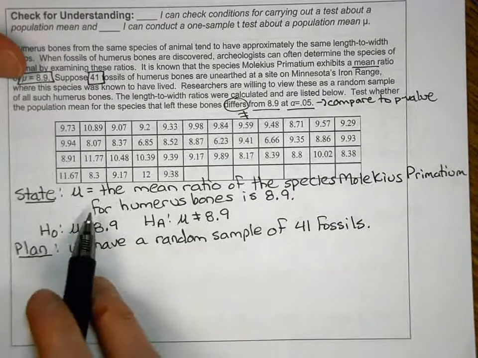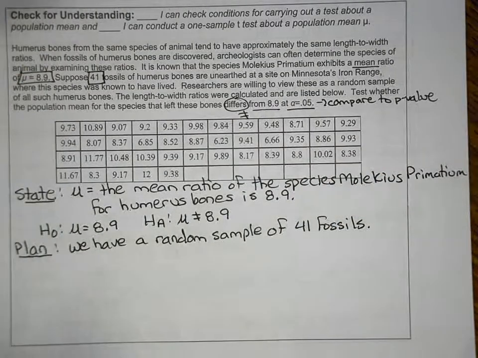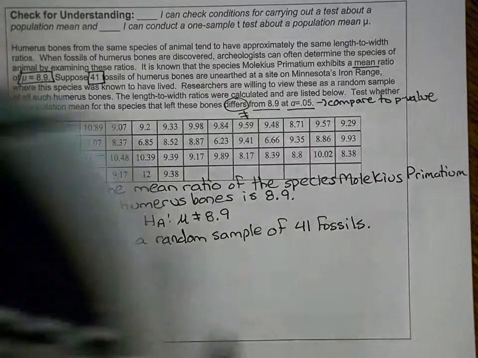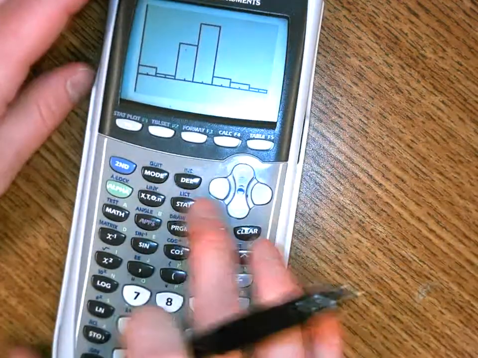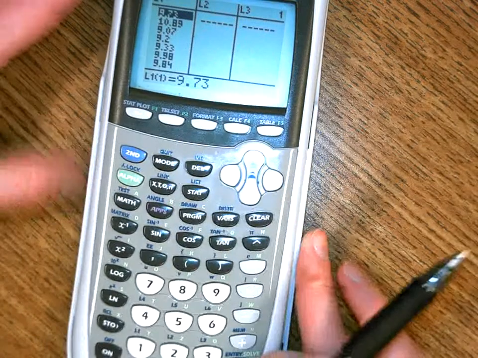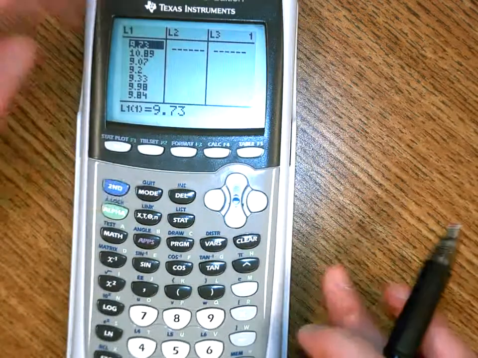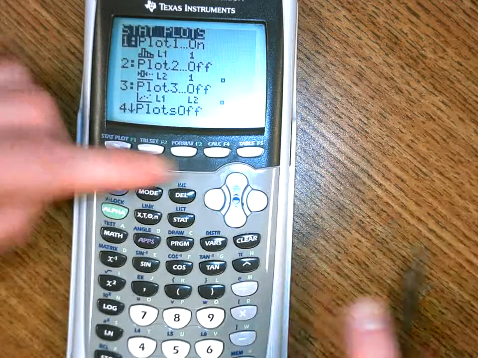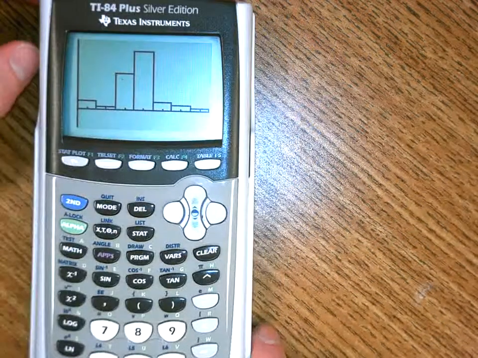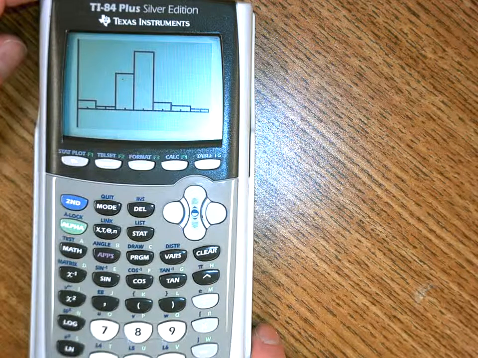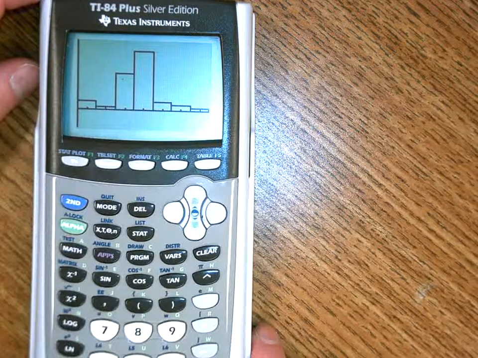Now they gave us all the data. So normally I would go ahead and put it in my list, which I've already done, and stat enter, got them all in there, all 41 of them. And then I turned on my stat plot for a histogram, and I zoom 9, and I see that it's roughly symmetric and unimodal.